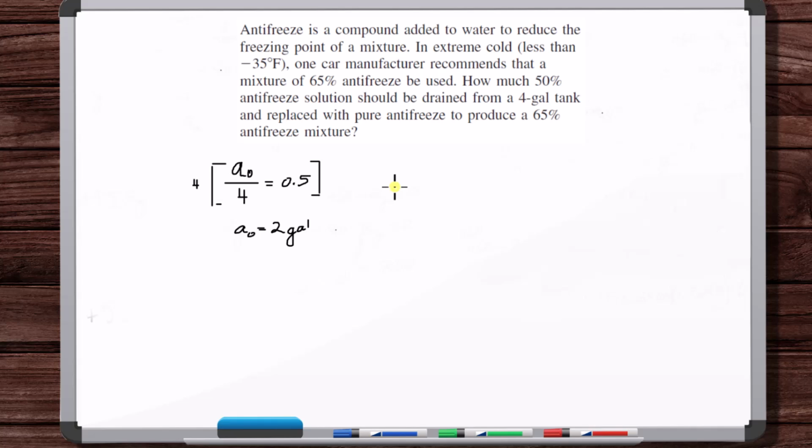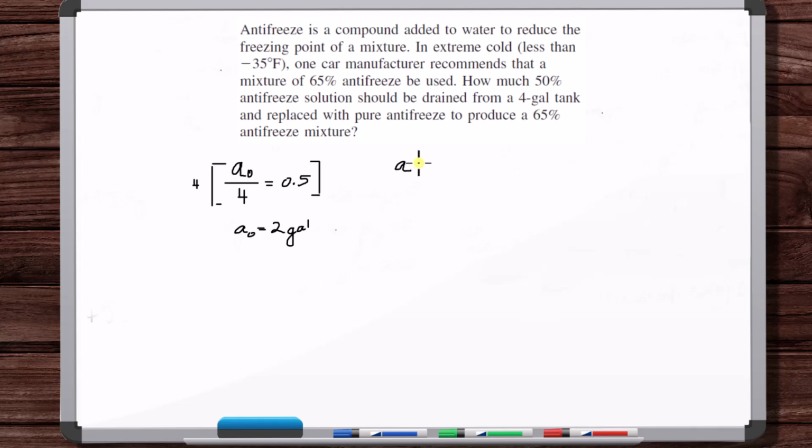Now we're going to add pure antifreeze. We'll have A0, A, and A final, and A is the pure antifreeze. I know these are probably not the best variables, but you get the idea.